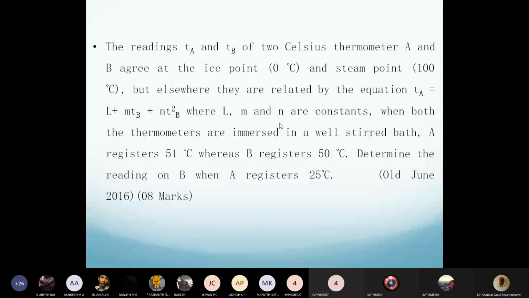Do that. Three simultaneous equations you have to solve. There are three points given, right? Three constants L, M, N you have to find out. Simple algebra it is. Do it.